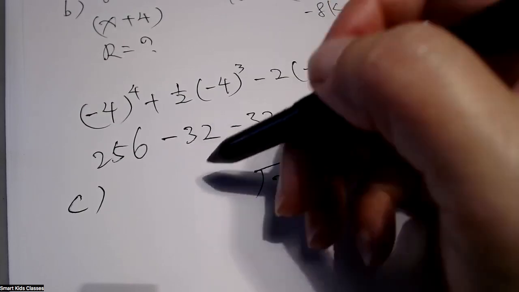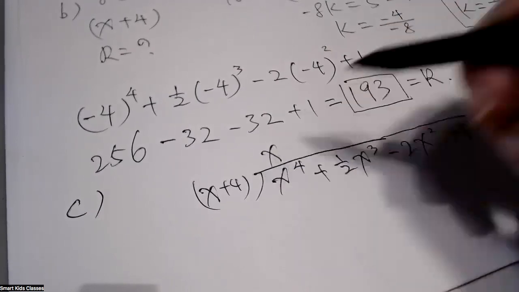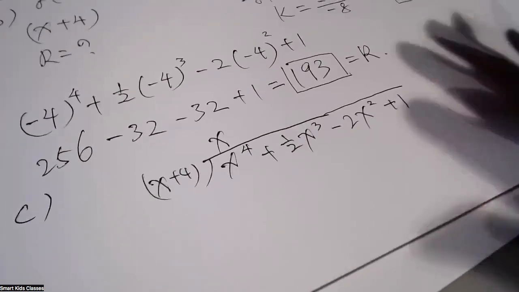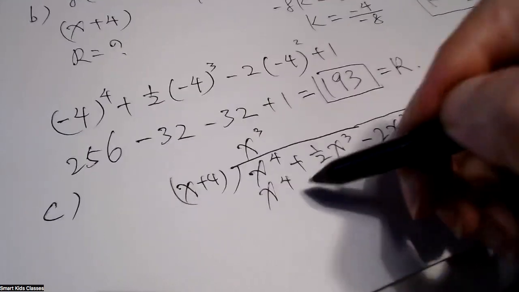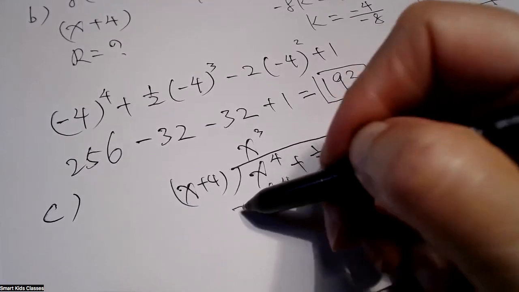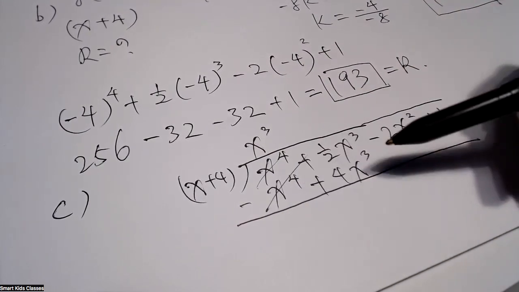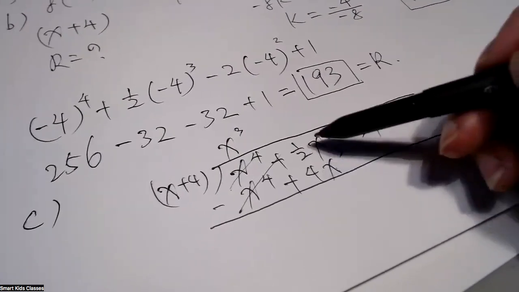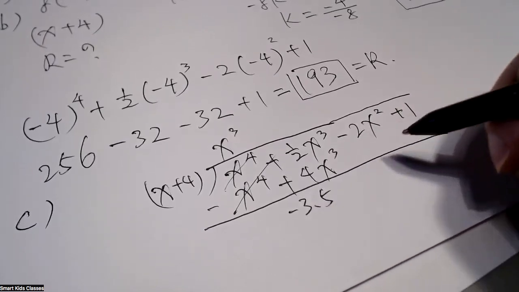The factor is x + 4. The first one we try is x exponent 3. So we get x exponent 4 plus 4x exponent 3. We subtract it, we cancel it. So this is a negative. Negative 4 minus 0.5, we have negative 3.5.